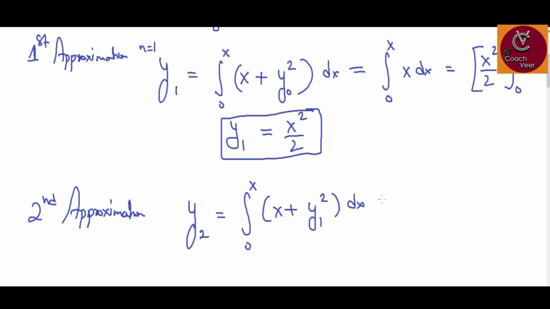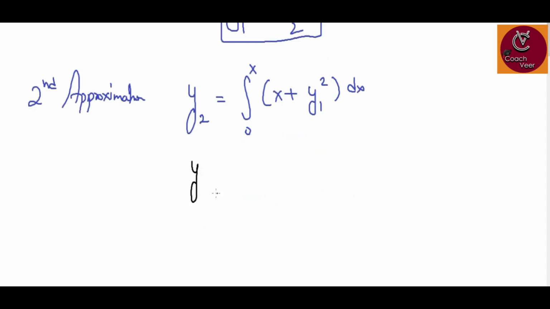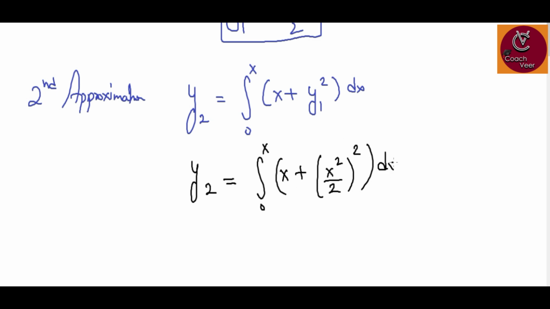You know y1 is this, so we are going to substitute it. y2 is equal to 0 to x of x plus, now when you substitute the value, substitute it inside the bracket so that you don't forget to square it. When you do that, you are going to get it like this.